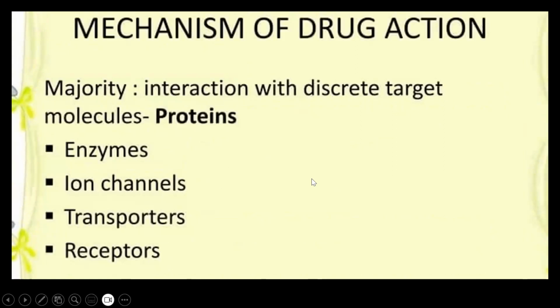If we look at this slide, we can see that the majority of the drugs produce their effect by interacting with discrete target biomolecules, which is usually a protein, and such a mechanism confers selectivity on the action of the drug. Functional proteins that are the targets of drug actions can be grouped into four major categories.